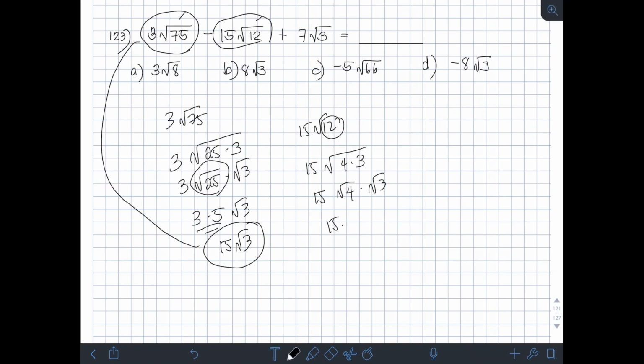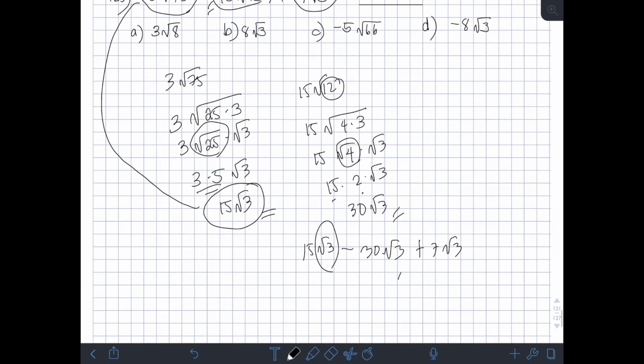So we have 15 times ano yung square root of 4? 2, right? Times square root of 3. So multiply natin. 15 times 2 is 30 square root of 3. Okay? Etong 7 square root of 3 is simplest form na siya. So combine na natin. So itong una, 15 square root of 3, and then minus 30 square root of 3, and then plus 7 square root of 3.